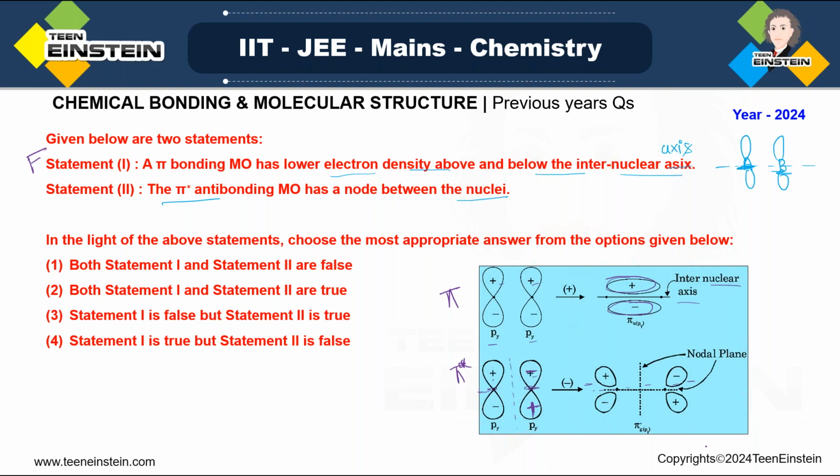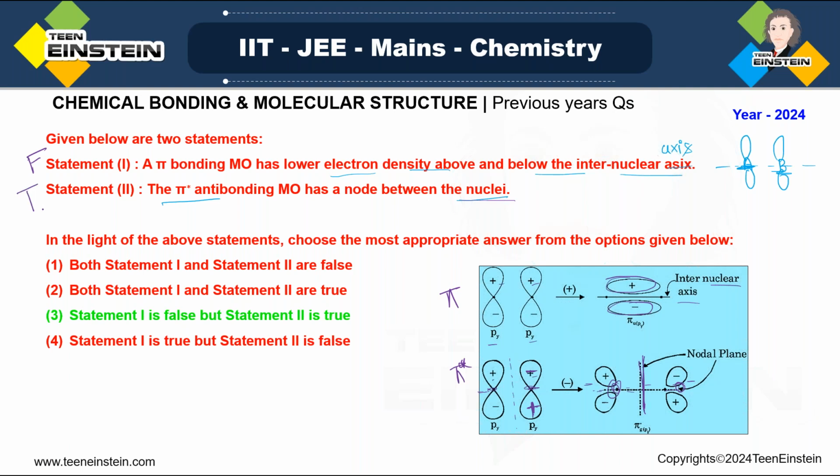So two nodal planes are there, but it is talking about the node which is between the nuclei. So this is the node which is between two nuclei, nuclei number 1, nuclei number 2. There is another node, that is fine. But in between these two, there is also a node, and one of the nodes is fulfilling these criteria, right?